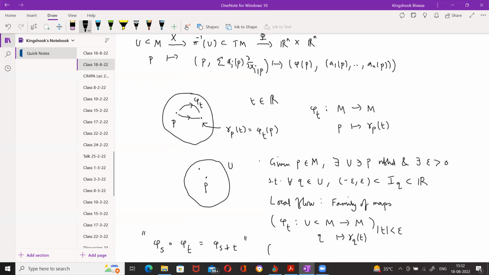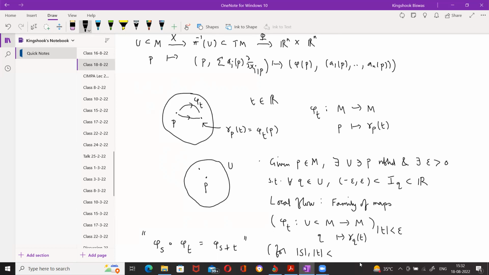For s, t small, let's say less than epsilon by 2, or they have to be appropriately small, actually, so that phi t of P should also stay inside U and so on.